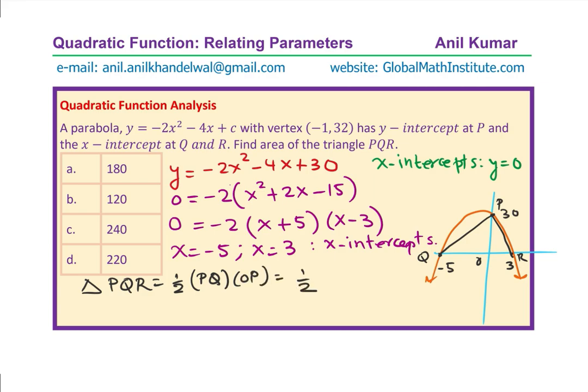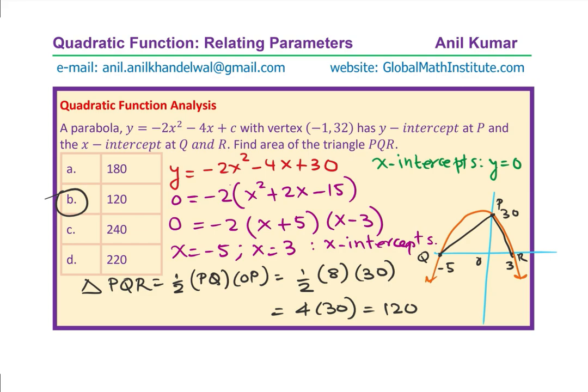So half of PQ is 3 minus minus 5, which is 8, and the height being 30. Or you can calculate this as 4 times 30, which equals 120. And therefore, option B becomes the right option for the area of the triangle, correct? So that is a way to solve this particular question.